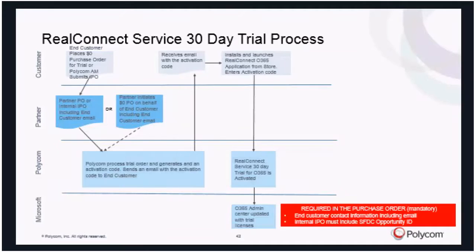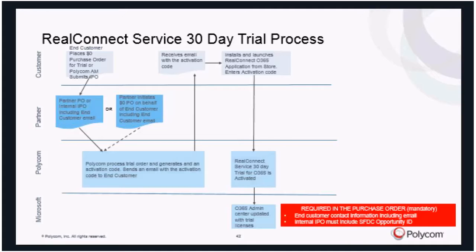So I talked about a trial license. So next week on April 17th, well, depending upon when you are listening to this, we will also be able to take a $0 purchase order for trial licenses for the customer. And we can also do internal purchase orders for that as well.